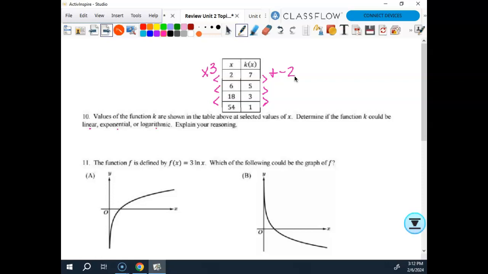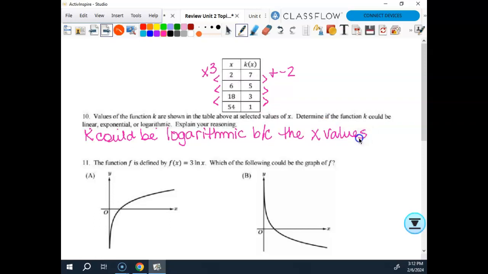So I can say that k could be logarithmic because the x values are multiplied by 3.